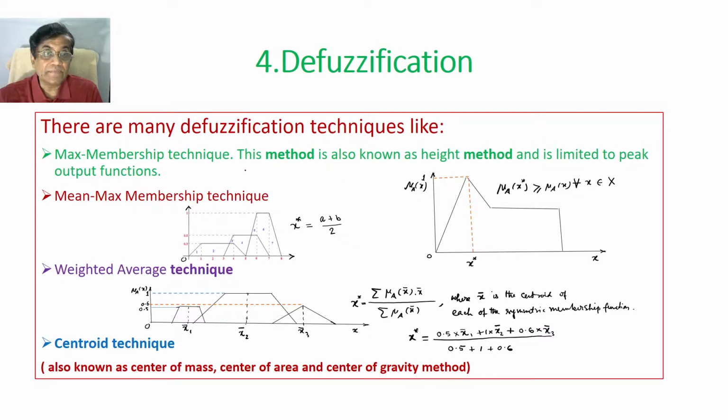And this maximum membership technique tells you that to get a defuzzification value, you just take the elements in the universe of discourse which correspond to the maximum membership value. Here x star has the maximum membership value, which is incidentally 1. So this is your defuzzified output. So this will be your answer, okay?